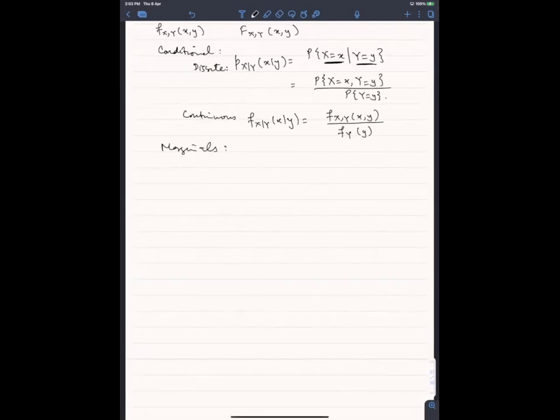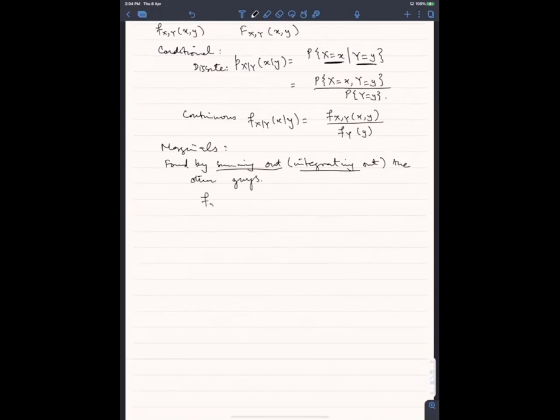Marginal PDFs are found by summing out or integrating out the other variables, depending upon whether we are talking about discrete or continuous random variables.